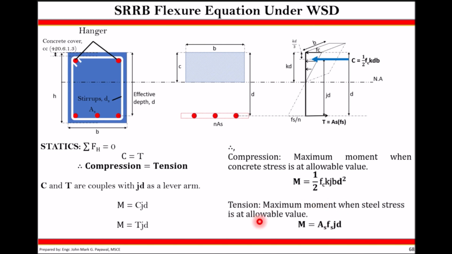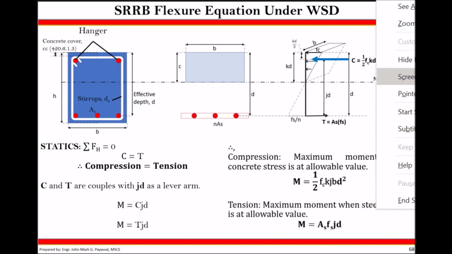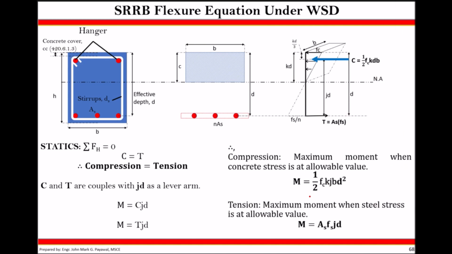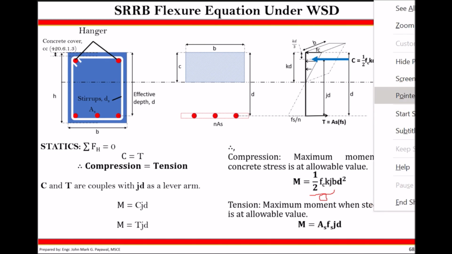Also, for tension, maximum moment when steel stress is at allowable value would be M equal to AsFs multiplied by jd. As we all know, your 1/2 fc kjb d squared is your compression force, and then AsFs would be your tensile force.